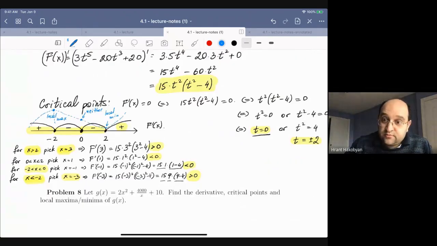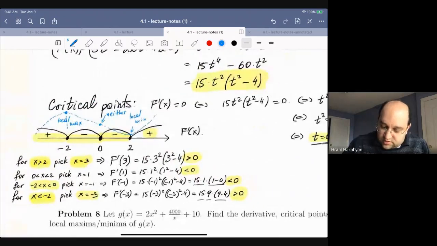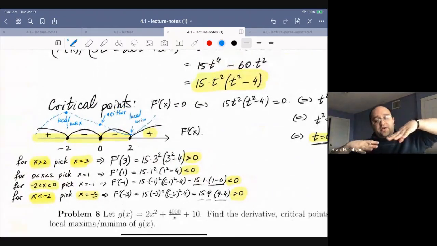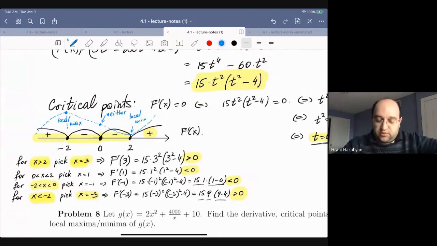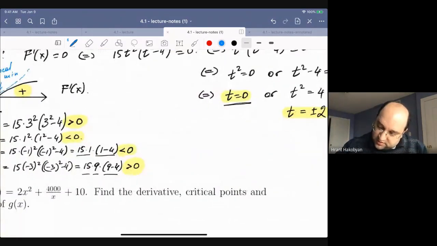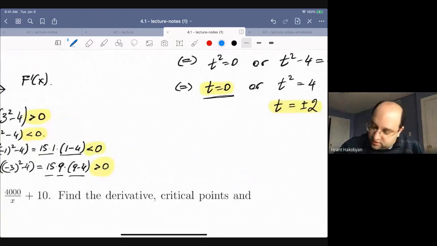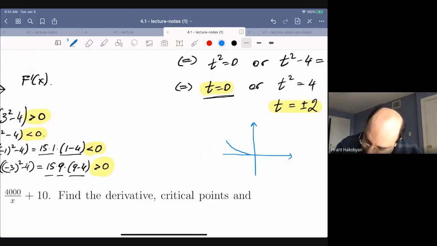It's possible to have a function, let me draw the picture here, actually. The function looks like this. Near zero, it looks like this and like this.